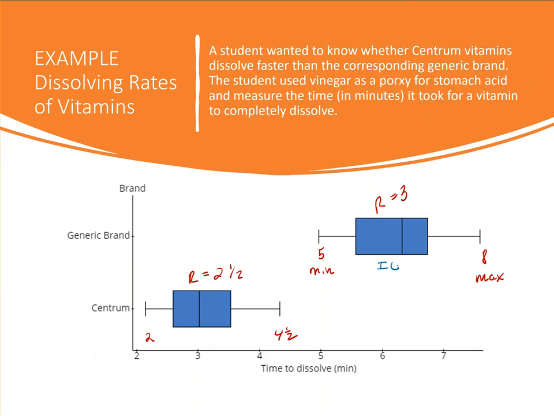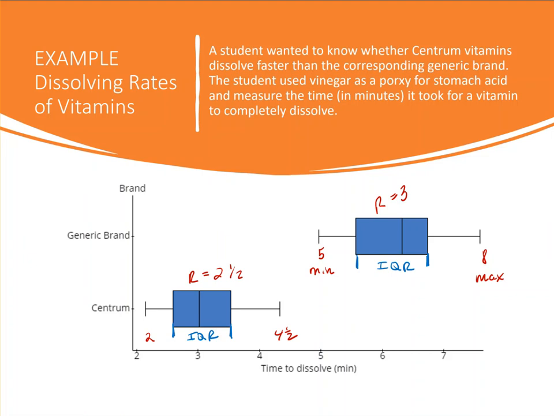So look at the box itself. This is a wider box, right? So this box you can clearly see is somewhat wider than the box here for my Centrum. IQR entails 50% of the data, so we would also be able to say that because the IQR is going to have a broader range, then this data here would be more spread out also.